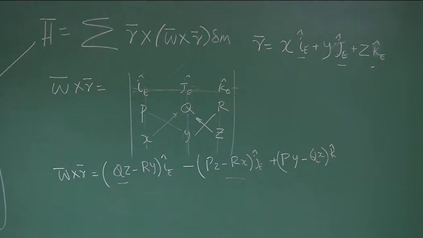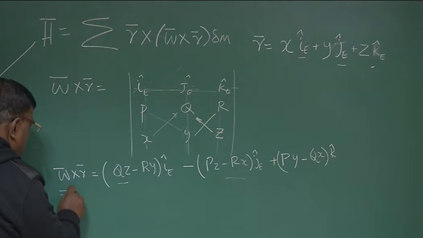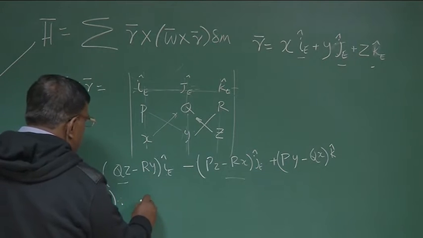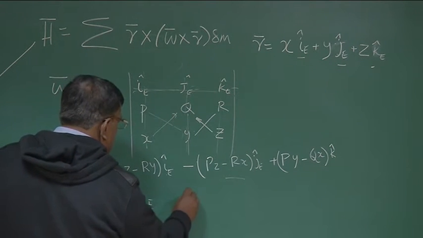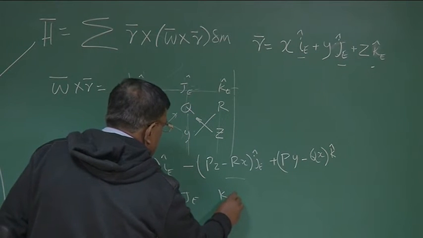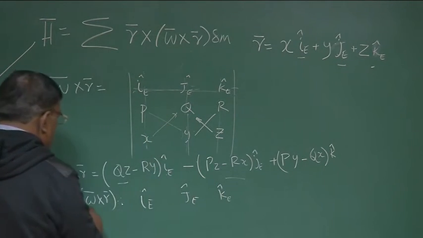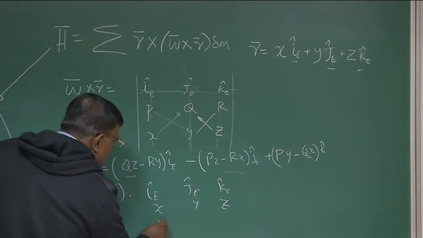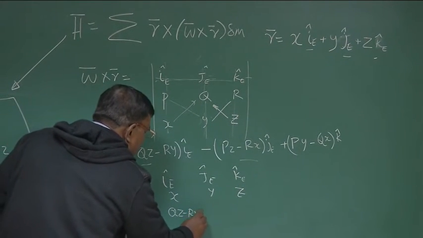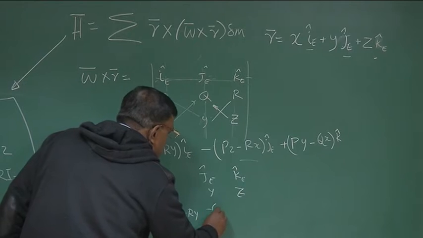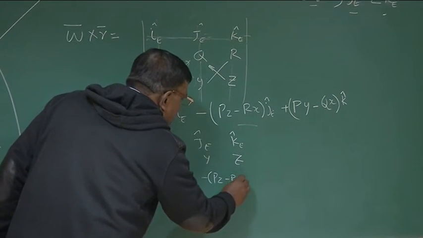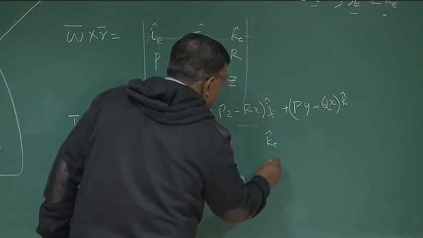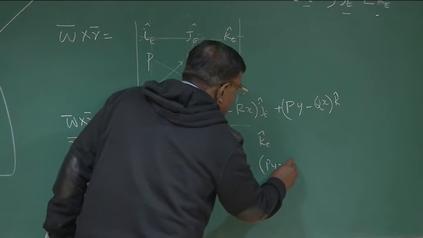What you are supposed to find is r cross omega cross r. This will again be very simple. Again you write iE, jE, kE, then r as x, y, z, and for omega cross r we write qz minus ry, then minus (pz minus rx), and then for the kE unit vector, py minus qx.